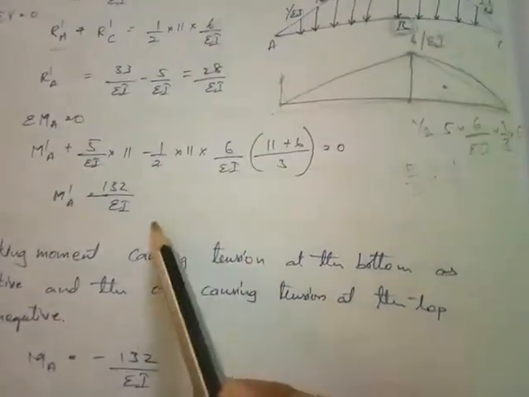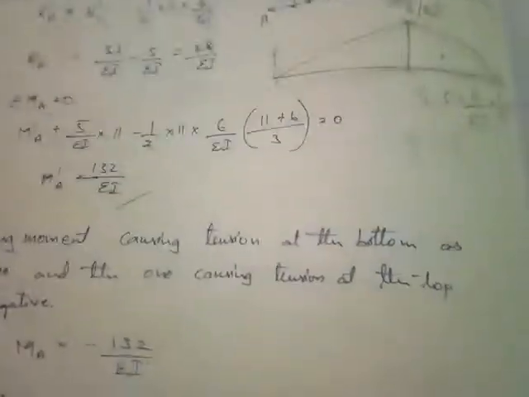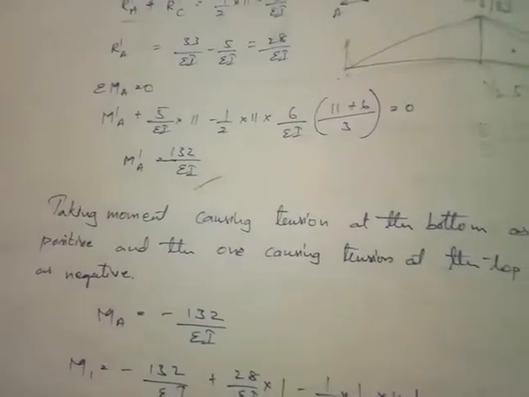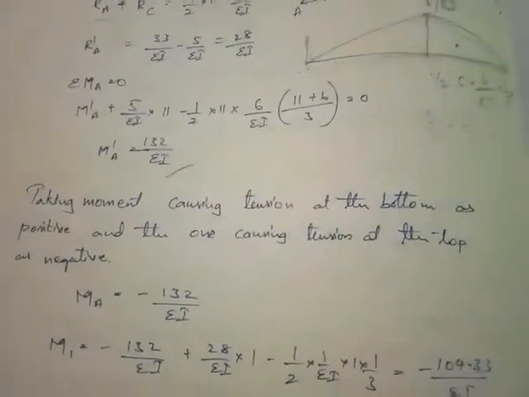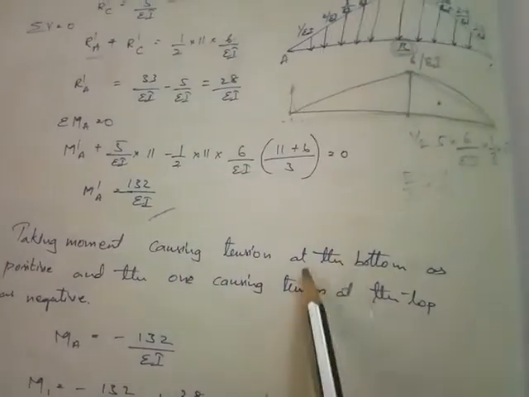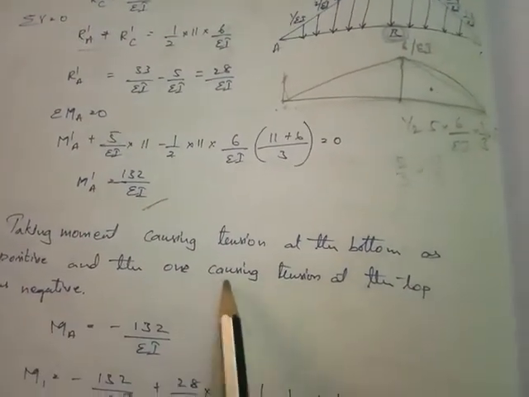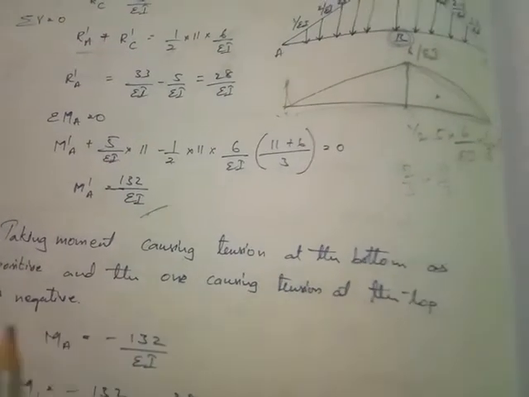Next, as we have calculated the moment generated over here due to application of 1 kilonewton load, the conjugate beam comes in, and now we are supposed to go into drawing the influence line diagram. Taking moments causing tension at the bottom as positive and those causing tension at the top as negative.